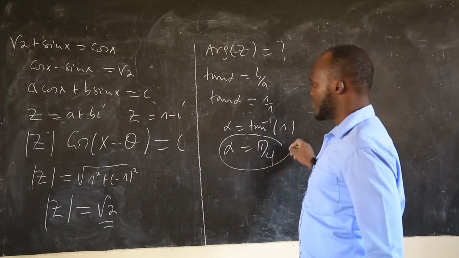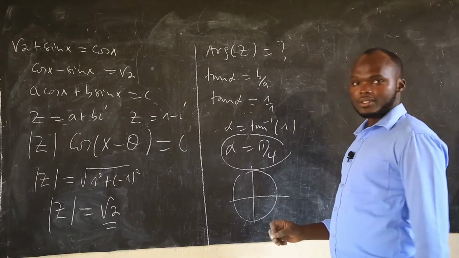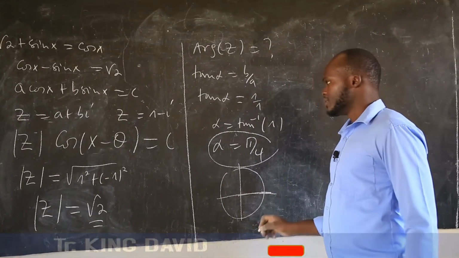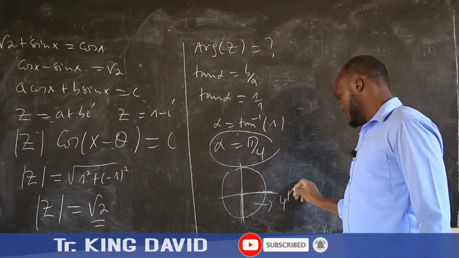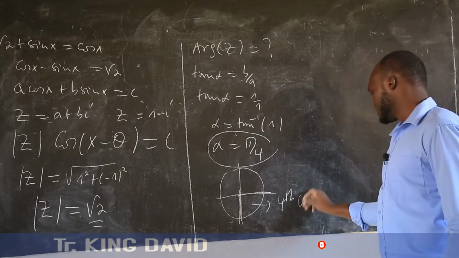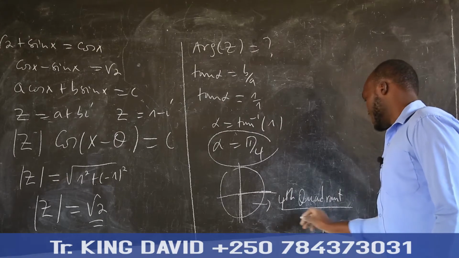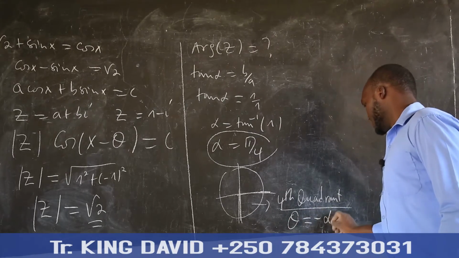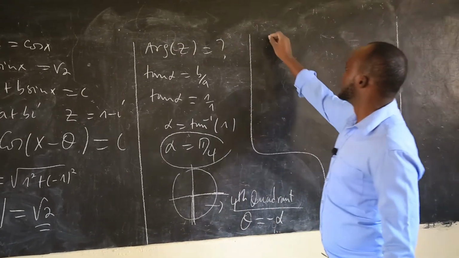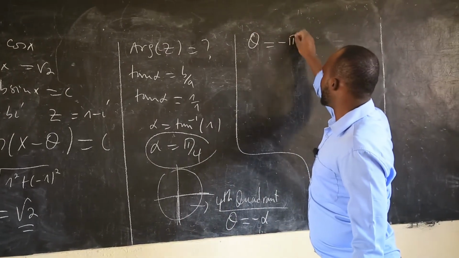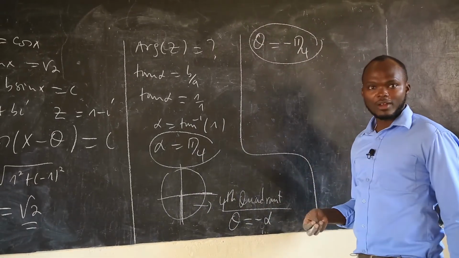After getting alpha, Z is located in which quadrant? Our x is positive, but y is negative. So it is in the fourth quadrant. And you know that in this quadrant, angle equal to negative alpha. So if angle is negative alpha, our angle will be negative pi over 4.